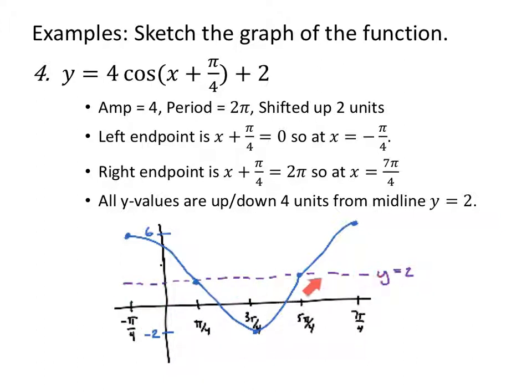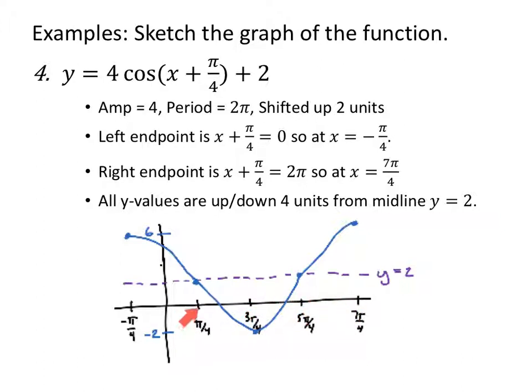This is not part of the graph, it's just part of how I can describe what's going on in the graph. So if this is a height of 2, I know cosine starts up, so at negative pi over 4, I'm going to go up 4 from my center line and get a height of 6. Add pi over 2 to get the next value, because I haven't changed my period at all, so the distance of pi over 2 between them all.